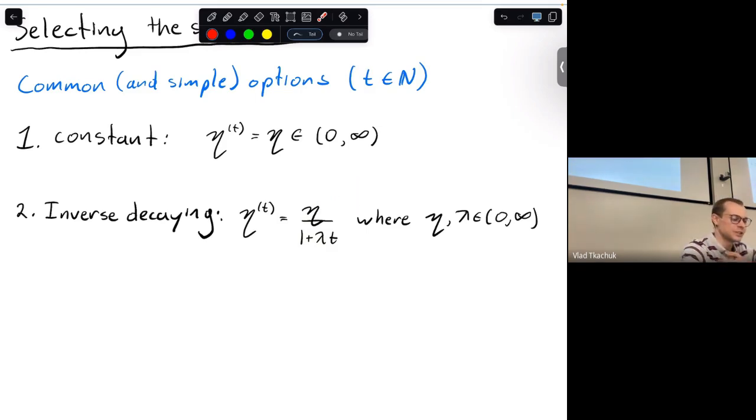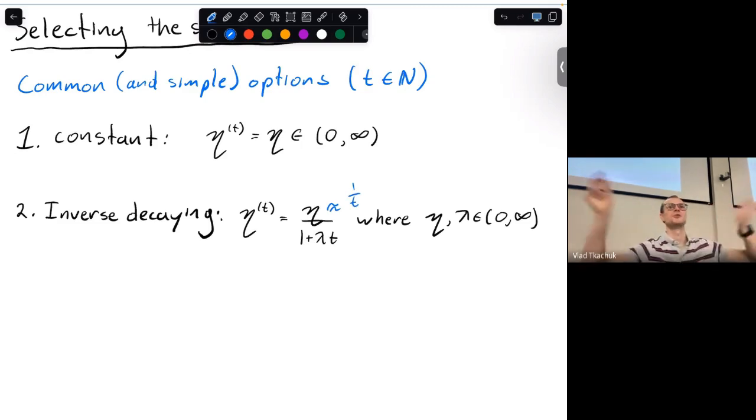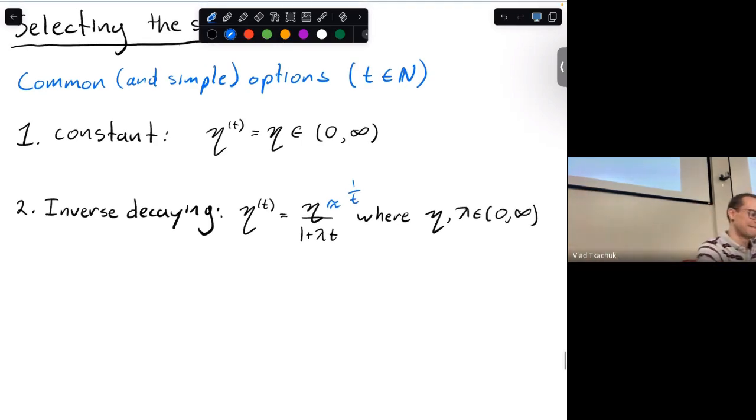All we have here are parameters like this eta that lets you tune how large it is, and lambda that multiplies t to set how fast you're decaying. And there's a 1 so that you don't divide by 0 when t is 0. But the point is that it's approximately equal to 1 over t, and then you can tune how much you're scaling by.